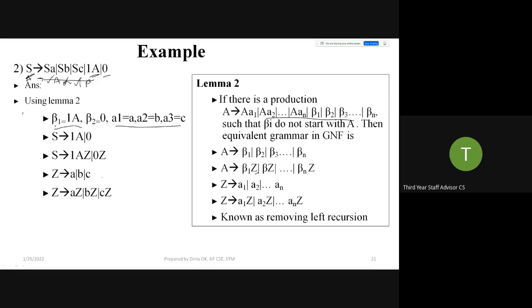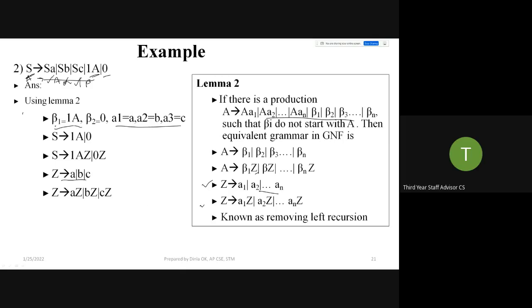Then we can replace our production as Z implies A1, A2, etc. AN. Here these are A, B and C. So our Z becomes A or B or C.